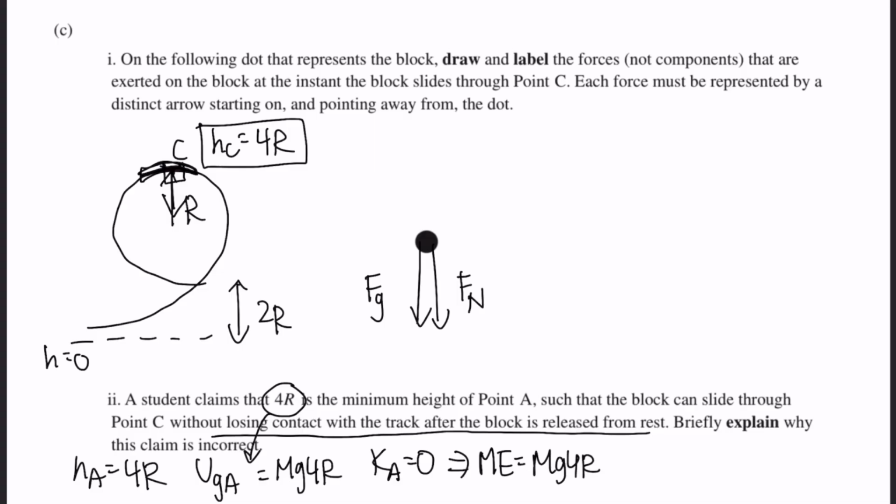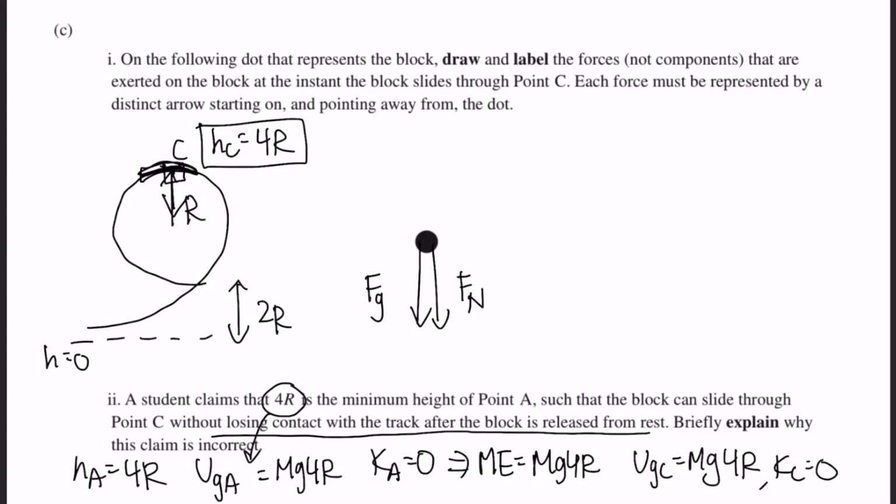Now, why does that give us a problem? You might be thinking, well, if it has enough energy at point A, then it can reach point C because point C will also have a potential energy of mg times 4r. Now, the problem is that if they were both equal, then it would also have zero kinetic energy at point C.